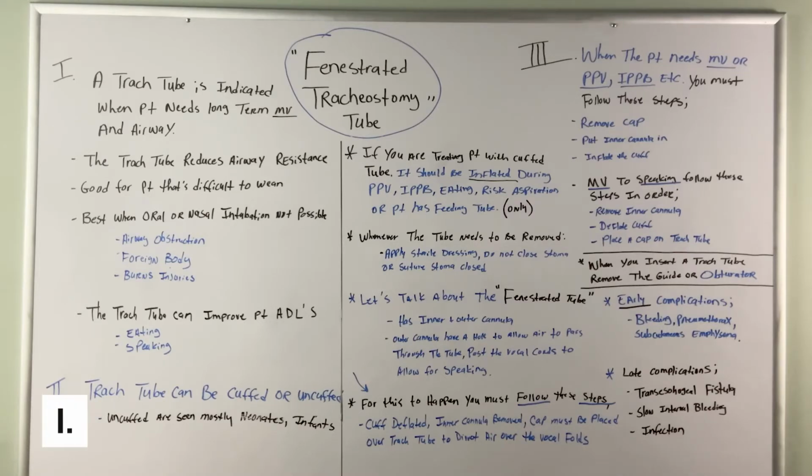First of all, a trach tube is indicated when the patient needs long-term mechanical ventilation in an airway. The trach tube reduces airway resistance. It's also good for a patient that's difficult to wean from mechanical ventilation because it takes so long.